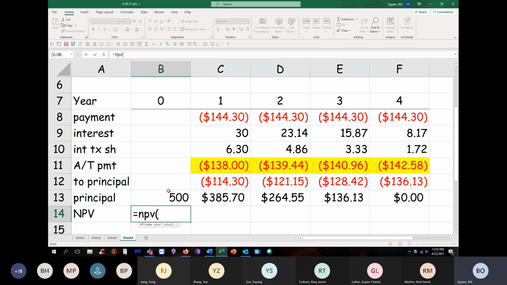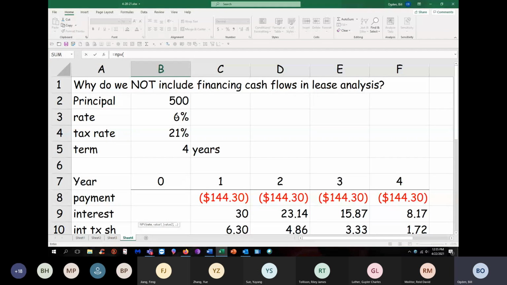All right, and once again, for anything involved in the lease, the discount rate is the after-tax cost of an equivalent loan. So we're going to go up here and get the 6% and convert it to after-tax.